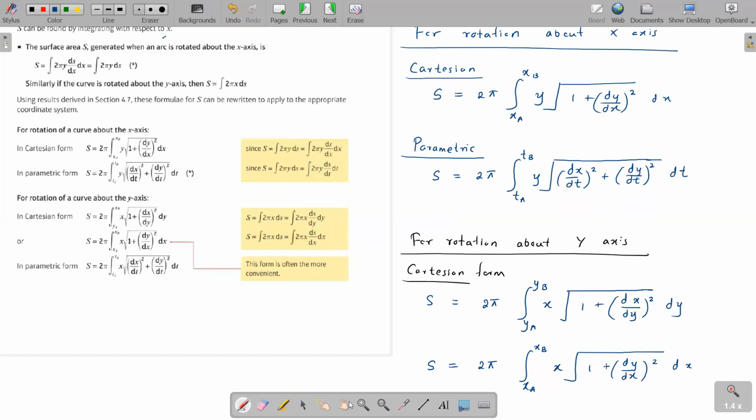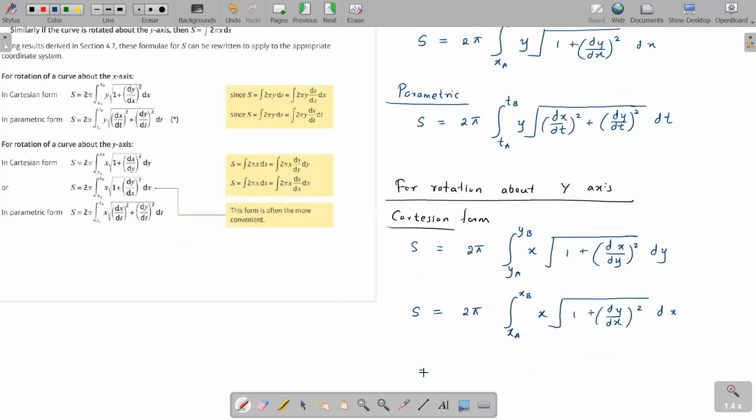And the other one is the parametric form: s equals 2 pi integral from ta to tb of x times root of (dx by dt) squared plus (dy by dt) squared with respect to t.